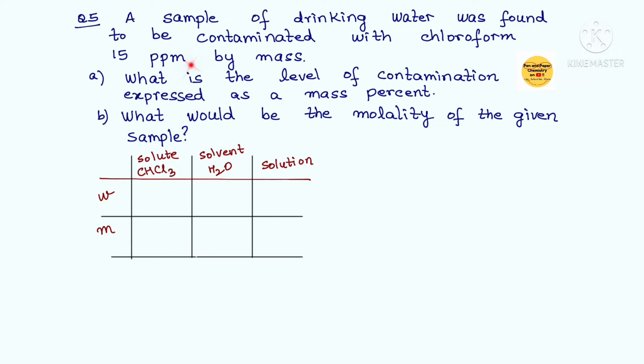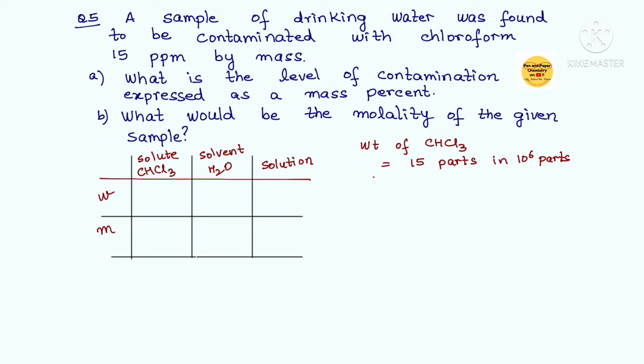And we've got the question: a sample of drinking water was found to be contaminated with chloroform, 15 parts per million by mass. That means I have got the weight of chloroform given to me as 15 parts in 10 to the power 6 parts of the solution, right? Now I have to find out the mass percent.